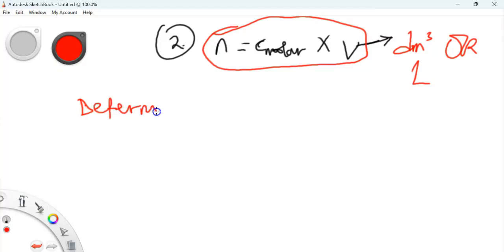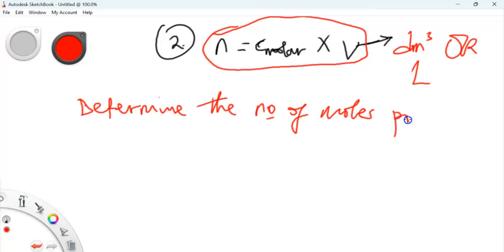determine the number of moles. Number of moles is always denoted with small letter n. Number of moles is different from number of molecules.